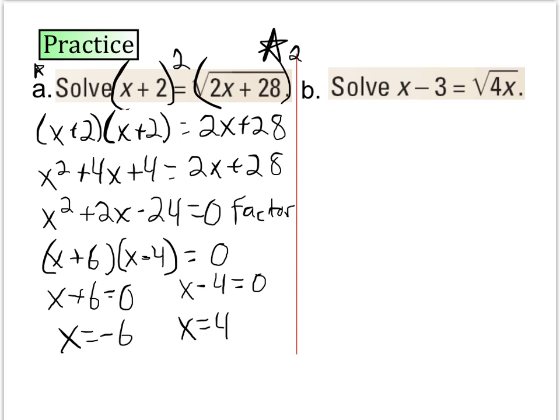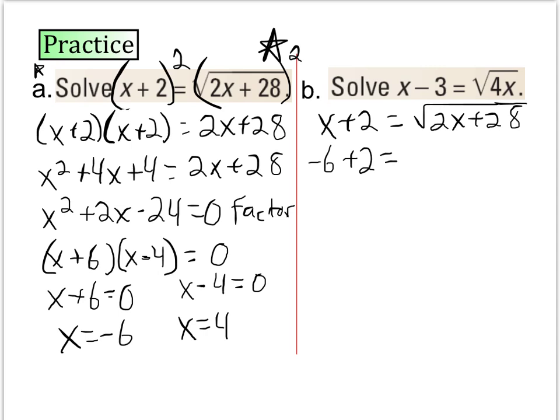But now we need to plug these solutions back into example A and see which one works, or if they both work, or if none of them work. So here's our original equation. Now let's plug in negative 6 and see what happens. If I plug in negative 6 for x, I have negative 6 plus 2 equals the square root of 2 times negative 6 plus 28.